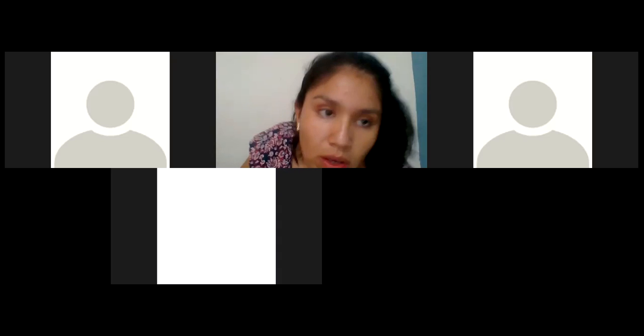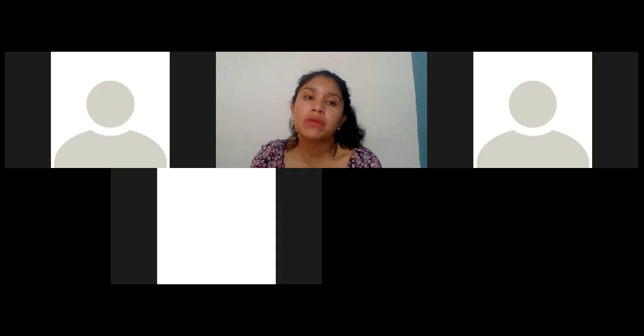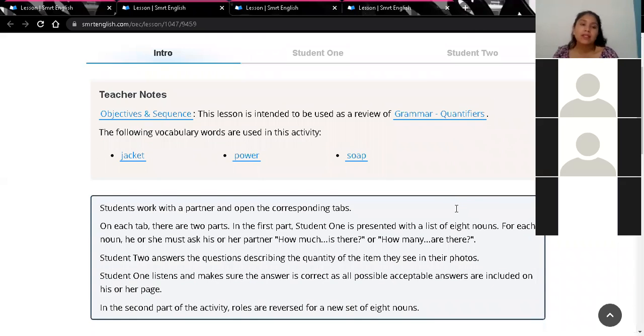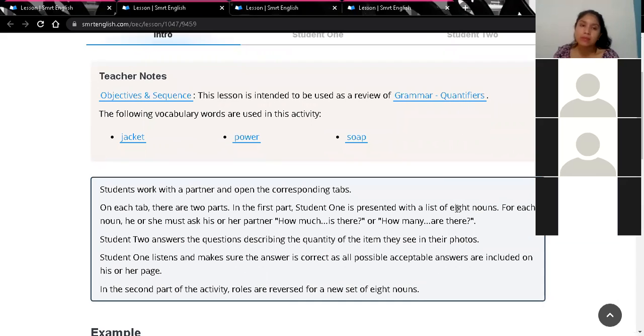First we are going to have a review of the grammar, which was the quantifiers. This lesson is intended to be used as a review. The following vocabulary words are used in this activity: jacket, power, and soap. Let's look at each one of these words before we continue.